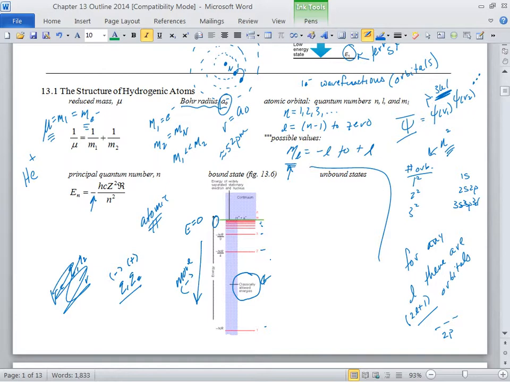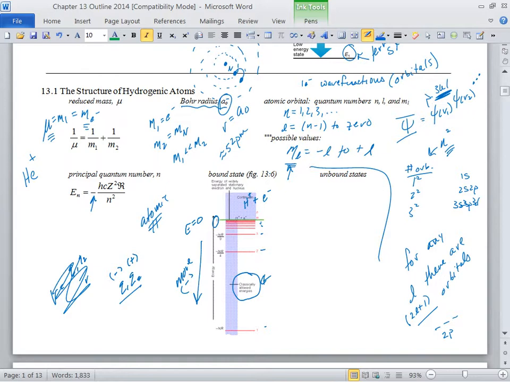A continuum. So now they have H plus and e minus. They're free. It's ionized. So is this thing physically telling us that you have a hydrogen ion and an electron flying around totally free and they can take on any energy they want?